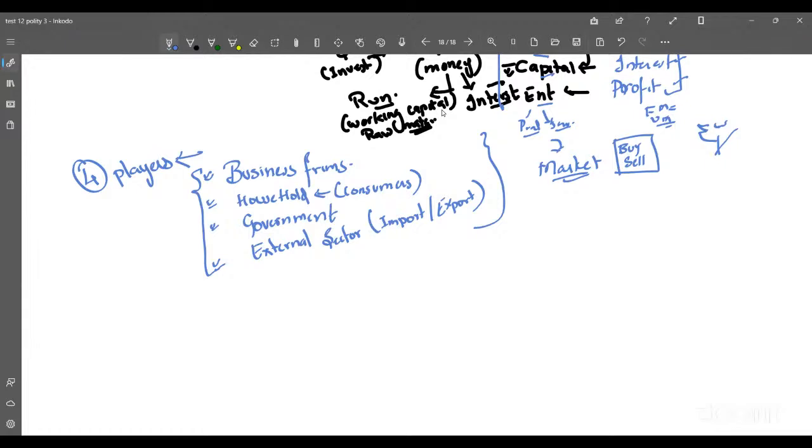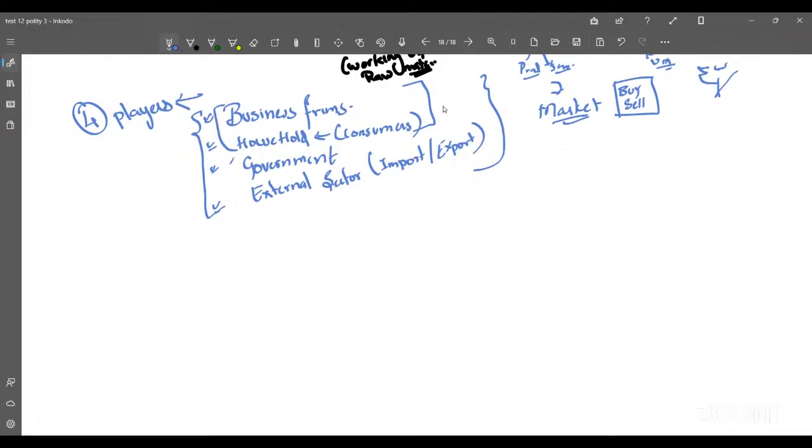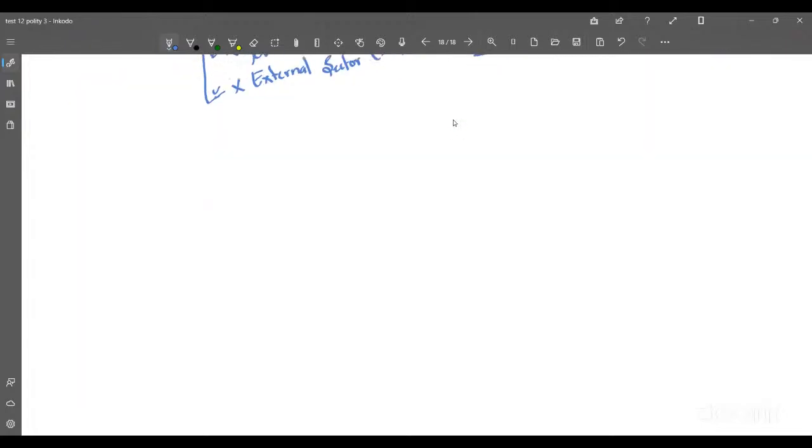So if you take India as a nation, as a market, you will come across these four players. For our convenience, we will only take the transaction between two players, and the rest of the two players we will ignore. Because if you take four players, the diagram would become very complex. So for our convenience of understanding, we would take only two players and understand how the transaction happens.